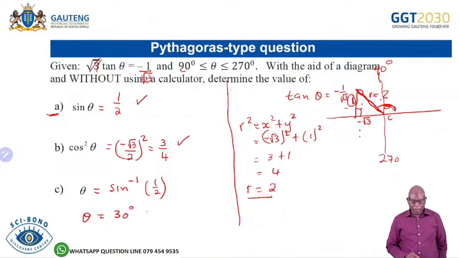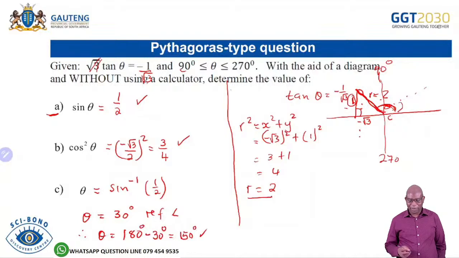But now remember, this 30 degrees will be a reference angle. There's the trick now. Because the 30 degrees will be somewhere there in the first quadrant, but the sketch is on the second quadrant, which means I must use the reduction formula. So therefore, my theta will be 180 degrees minus 30 degrees, which is going to be 150 degrees.